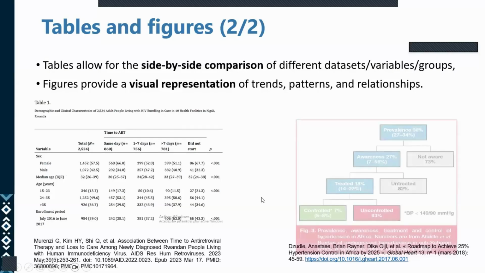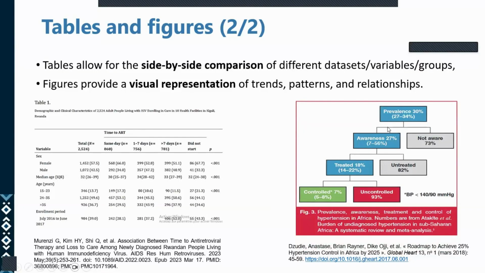Meanwhile, the figure can come and present a trend, a pattern, a relationship, something that you would otherwise explain with a lengthy paragraph. We had a prevalence of 30%, the awareness was 27, non-awareness was 72. Then in the awareness we had what? Now you can come through a figure, explain in one line, and state that figure 3 already explains the prevalence, awareness, treatment and control of hypertension directly.